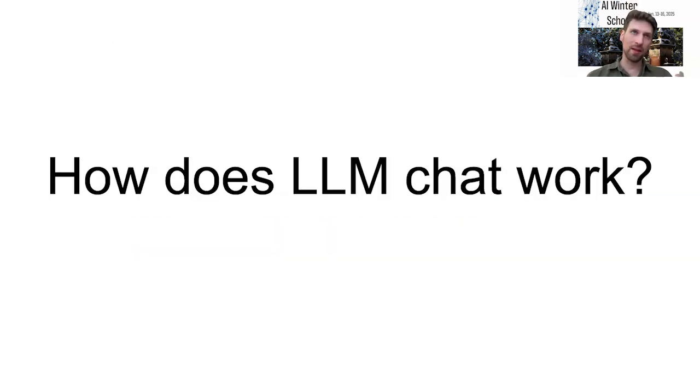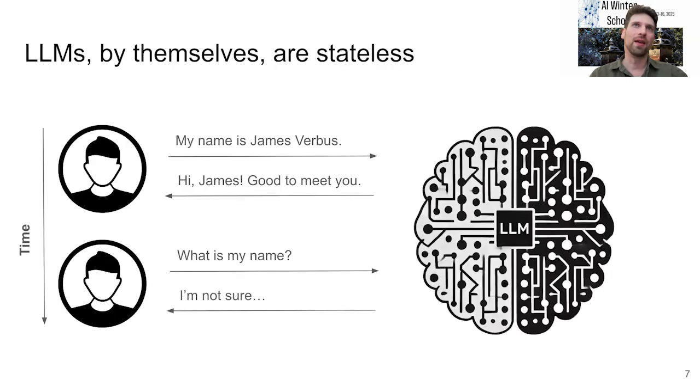So to start off, we can look at a very simple case of how LLM chats work. This is something I think many of you are probably familiar with. You've probably used ChatGPT and other chatbots. So how does that work at a high conceptual level? In particular, an LLM itself is stateless.